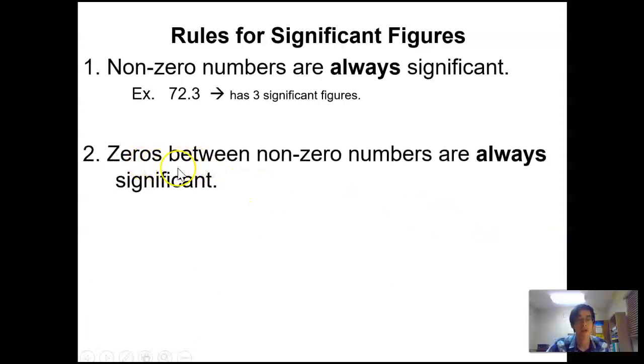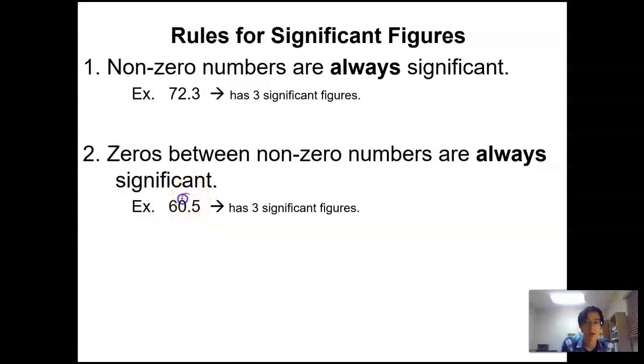Alright, zeros between non-zero numbers are always significant. So if I have a 0 in between two non-zero numbers, then this 0 also counts as a significant figure. So I still have 3 sig figs because that 0 counts. Sandwiched.